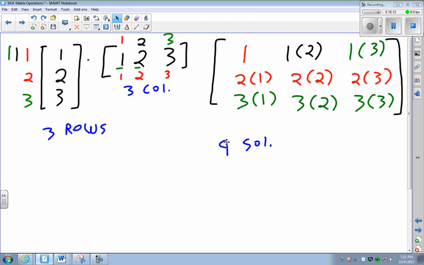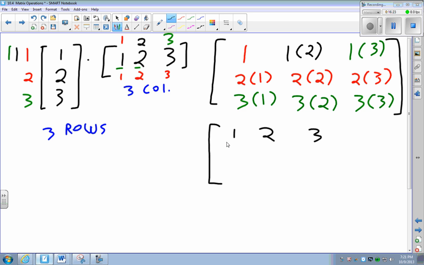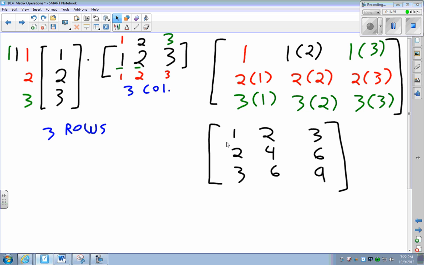Okay, but anyways, I'm gonna erase that. Now we just have to simplify this matrix, so 1 times 3. This one, 2 times 1 is 2, 2 times 2 is 4, 6, 3, 6, 9. All right, and so that's our final answer.